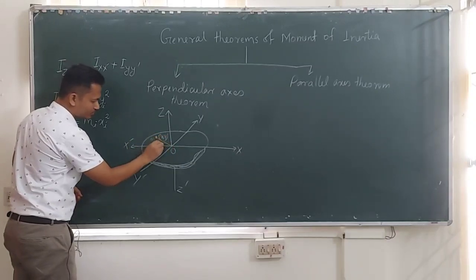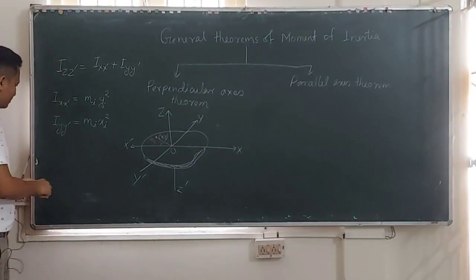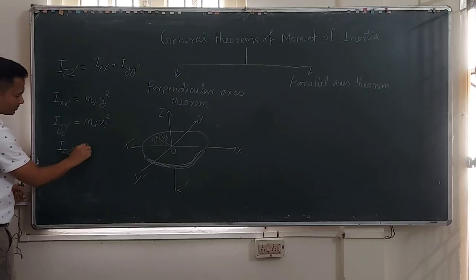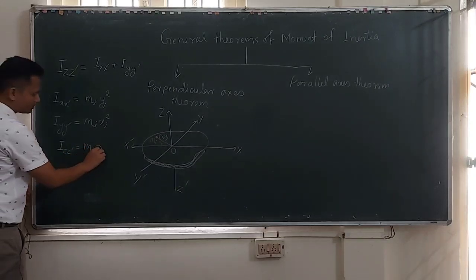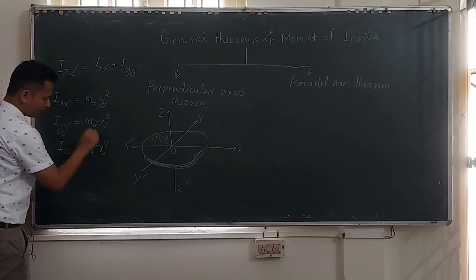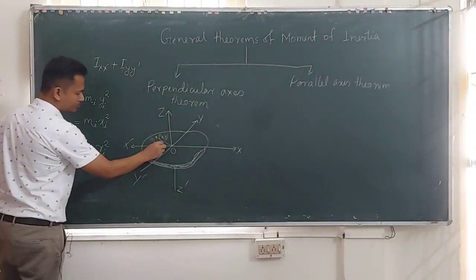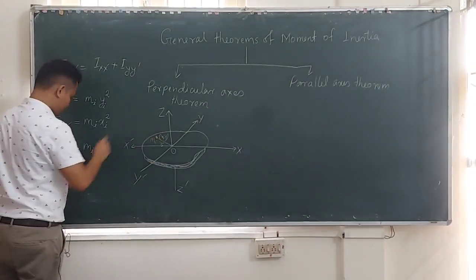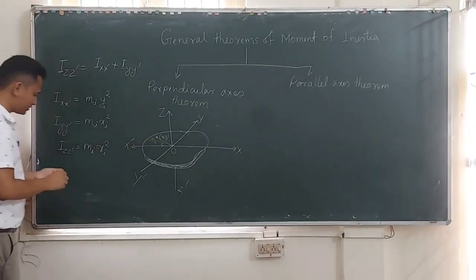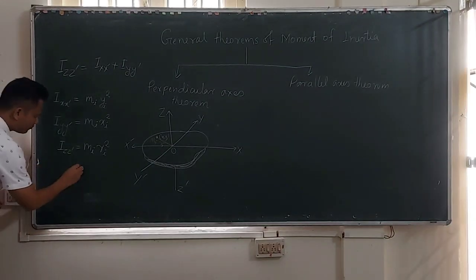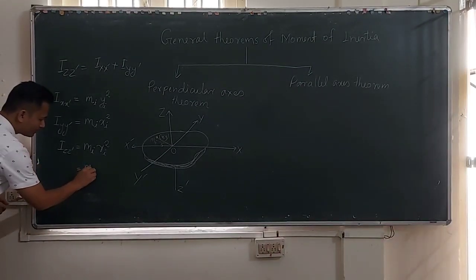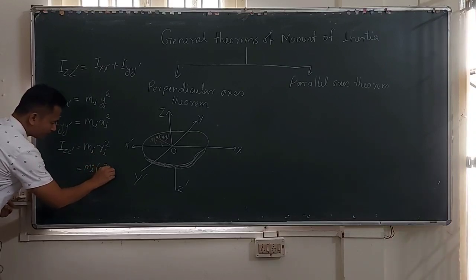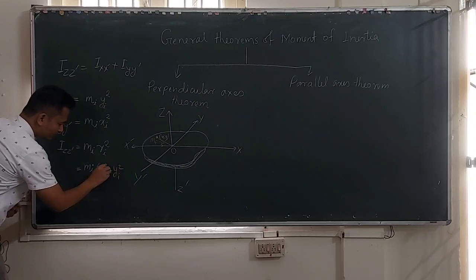Say this distance is r i. Then the moment of inertia of the particle about z prime is equal to the mass of the particle times the square of the distance r i. Since the coordinates of this particle are x and y, r i square will be x i square plus y i square.